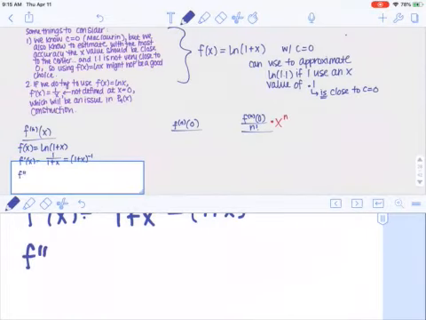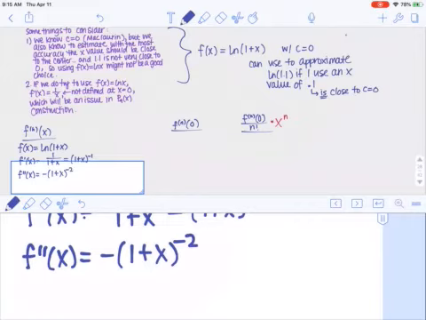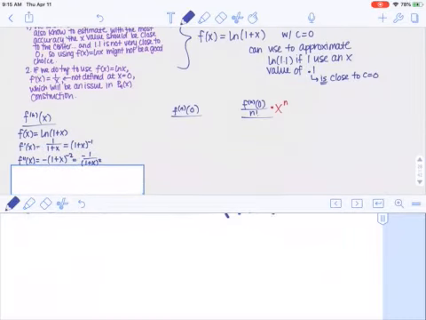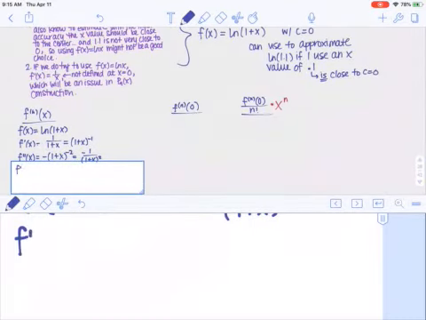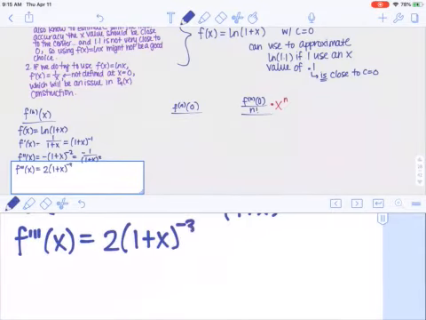My second derivative is negative 1 plus x to the negative 2. For evaluating purposes, I might do a quick rewrite here, but for derivative purposes, I'm probably going to keep it with negative exponents. Here, this would be 2 times 1 plus x to the negative 3, which is the same thing as 2 over 1 plus x cubed.